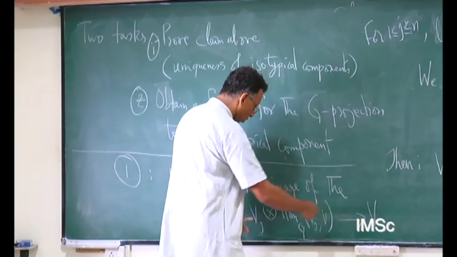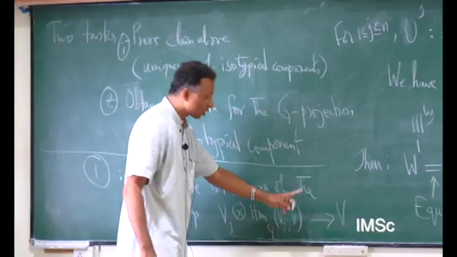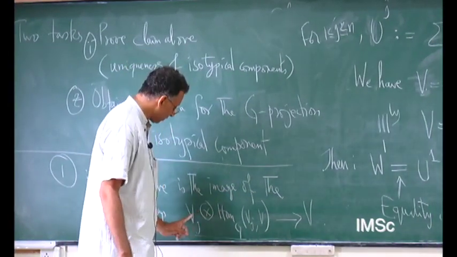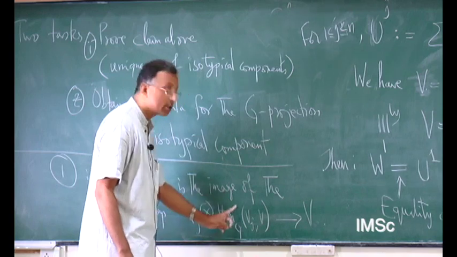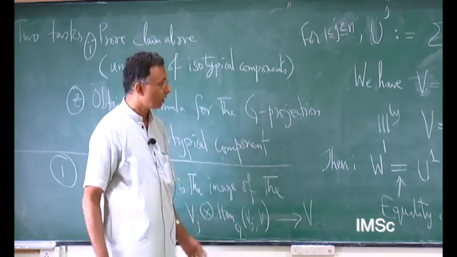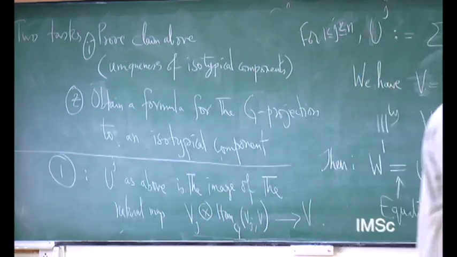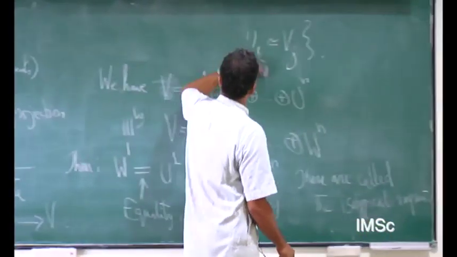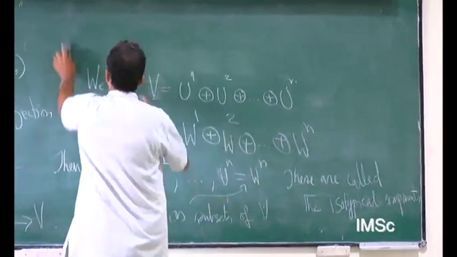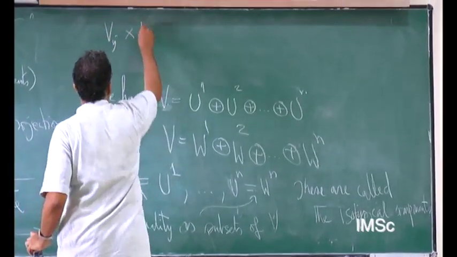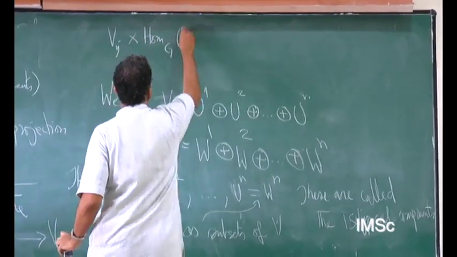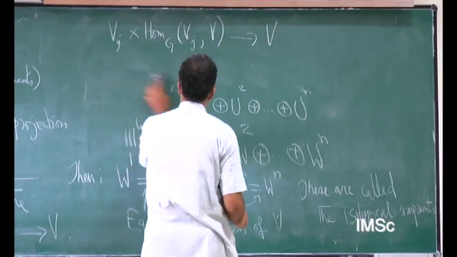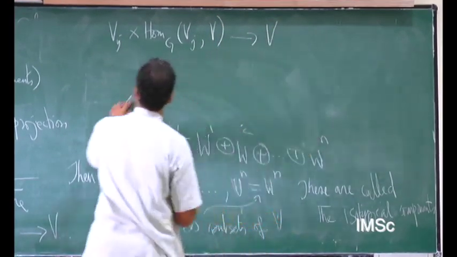Okay. To give a map from a tensor product, what do you have to do? I have to give a map from this cross this, which is bilinear. Is there such a map? Yes. As Deepak was saying, there is an obvious map. There is Vj cross Hom_G(Vj, V) to V, a natural pairing.